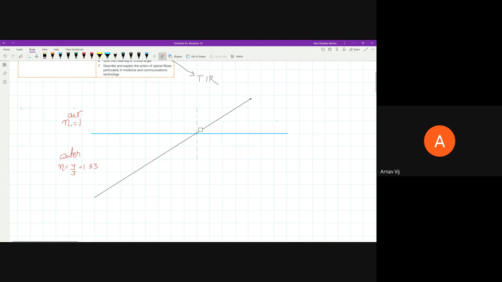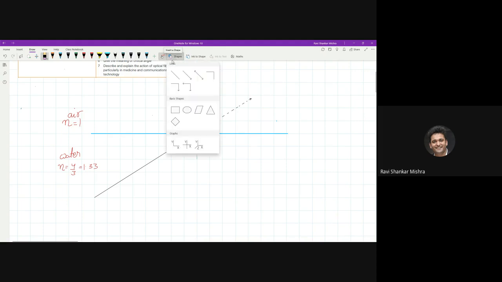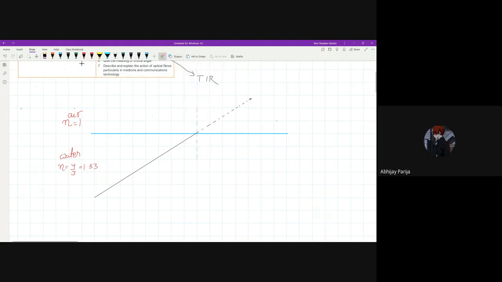We have done this in the last class. I'm not teaching you refraction right now. So it's like that, right? When it goes from a denser to a rarer medium, it moves away from the normal.